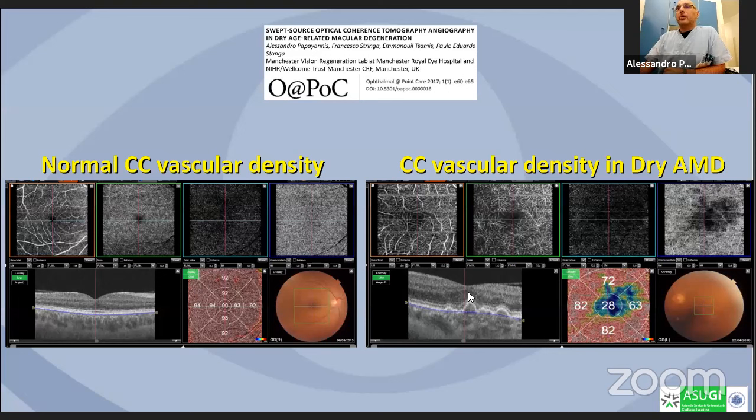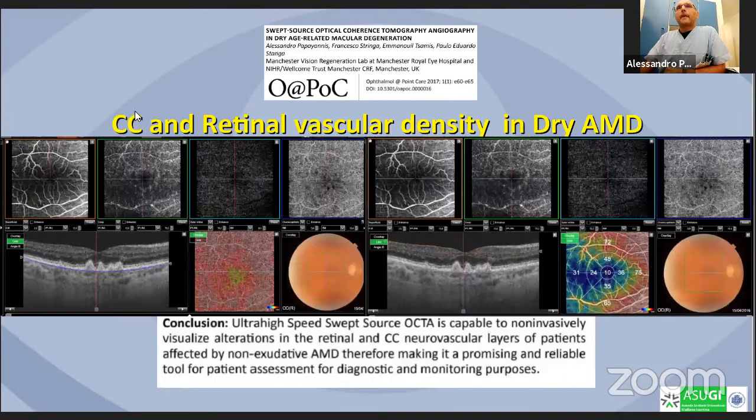With spectral domain OCT, you have this type of problem of shadowing effect, but in this case, the swept source has a really strong signal that can pass through small drusen, or pigment epithelium detachment due to drusen, as in this case. And we can see that the vascular density is altered not only in the choriocapillaris, but also in the superficial layers.